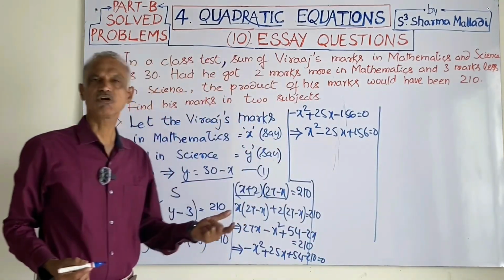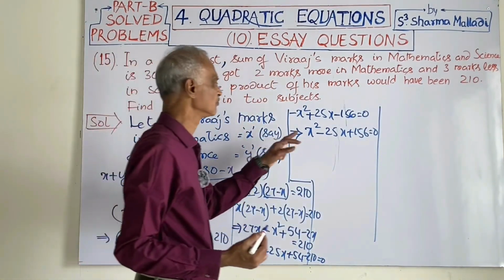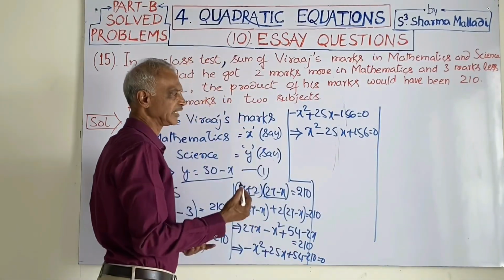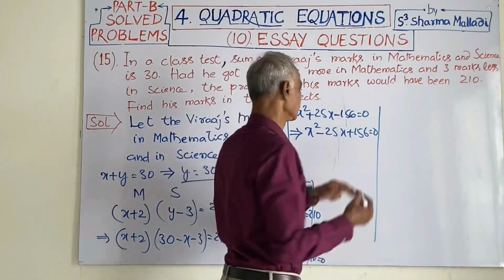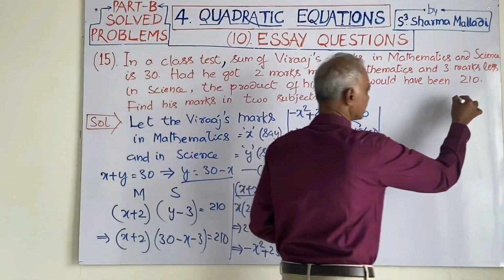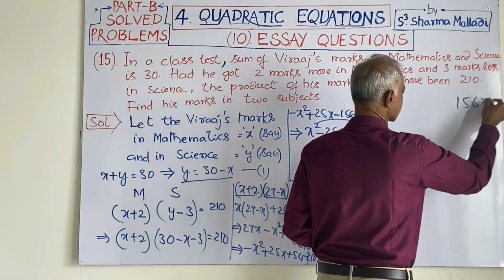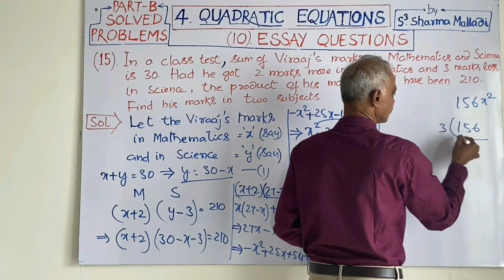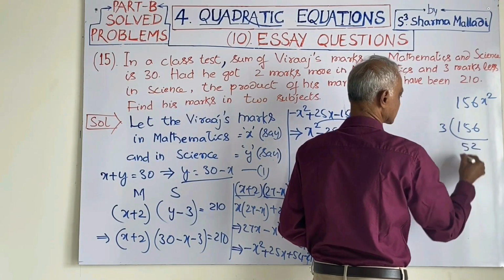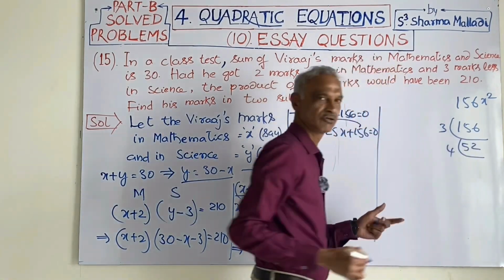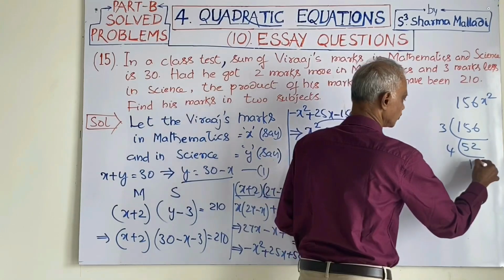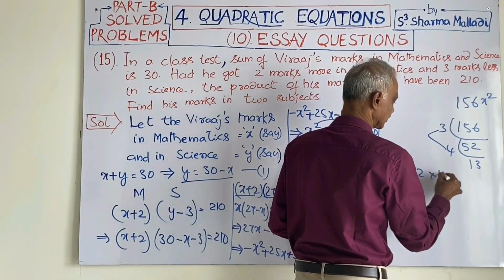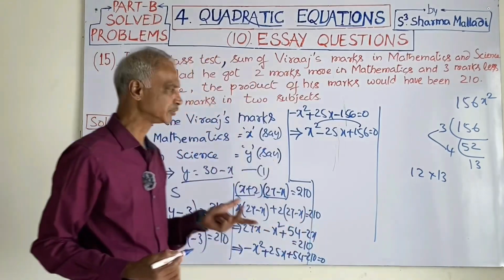Now, this is a quadratic equation in the form of ax square plus bx plus c is equal to 0. Here I will take factorization. 156: 3 5s are 15, 3 2s are 6, and you take 4, 4 1s are 4, 4 3s are 12. So 3 into 4 is 12, and 12 into 13.